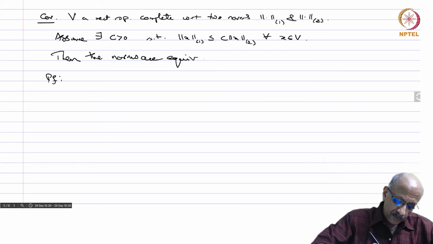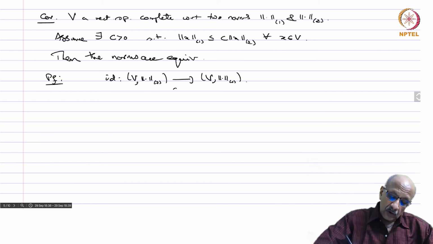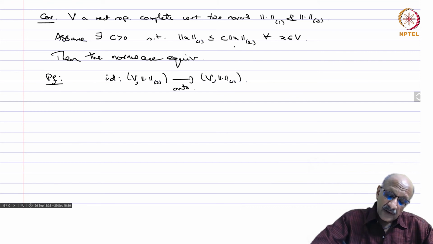Proof. So you take the identity map from V with norm 2 to V with norm 1. So this is an onto map, and further it is also continuous because of the given condition.